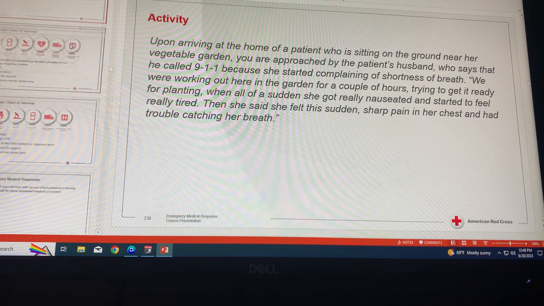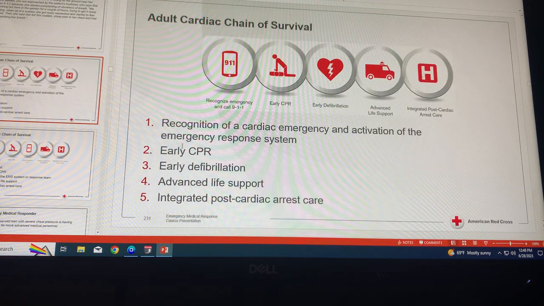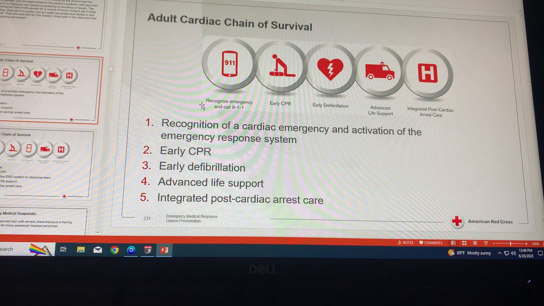So now we're going to look at the adult cardiac chain of survival, okay? The first step is recognition of a cardiac emergency and activation of the emergency response system. The next is early CPR. The longer you wait, the more things can get worse.